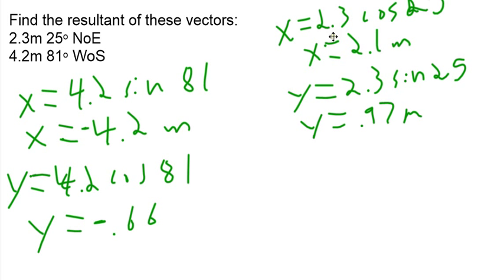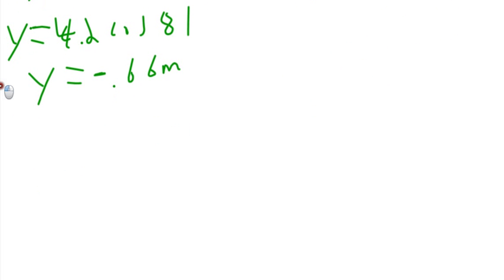So we have one vector, the 2.3 meters, 25 degrees north of east. That's going to be 2.1 meters in the x, positive, and then 0.97 meters, positive in the y. And then our 4.2 meters, 81 degrees west of south, we said it's going to be negative 4.2 meters in the x, and then a negative 0.66 meters in the y. Now, what we want to do is add up our x's and y's separately.